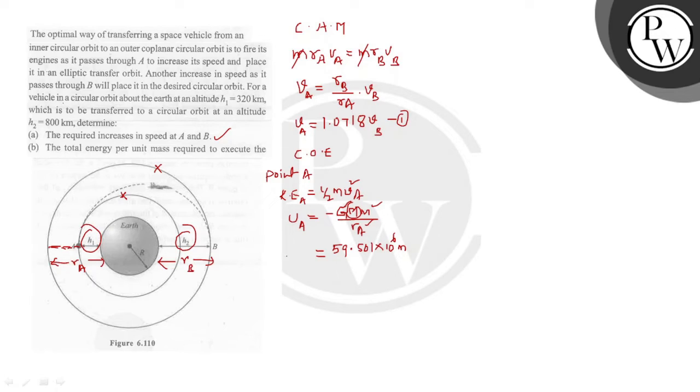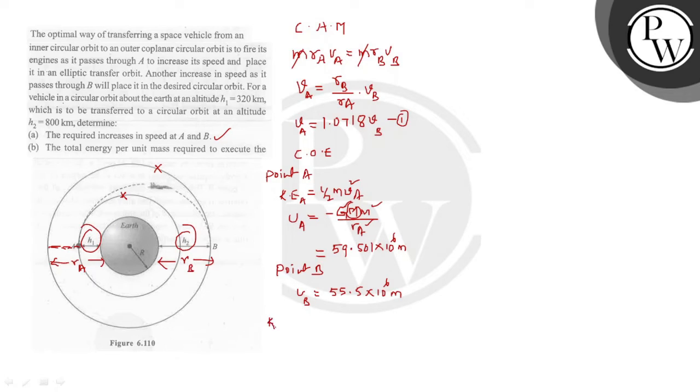At point B, same thing. At point B, we are going to get UB, which is equal to 55.5 into 10 to the power of 6 meters. Then the energies on both sides are equal.